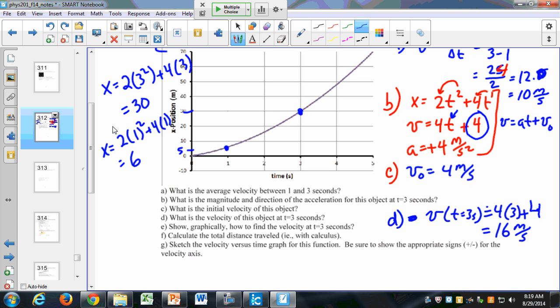All right, so what do you do to find it graphically? You find the slope of the... You'd be right, the tangent line.